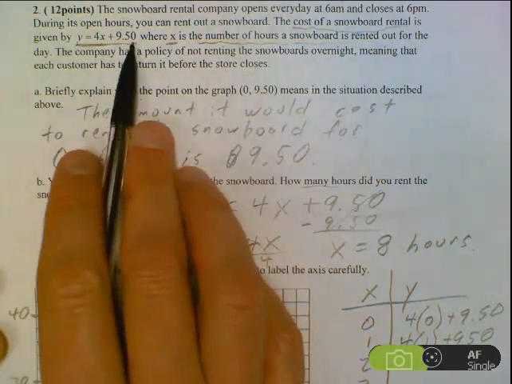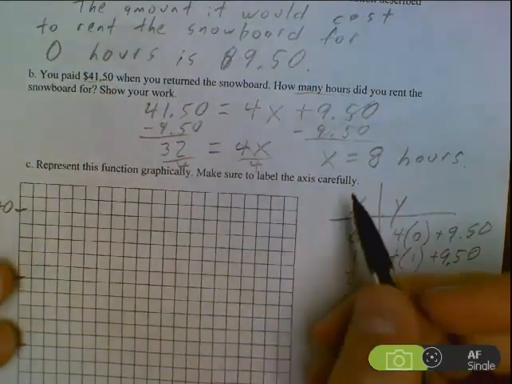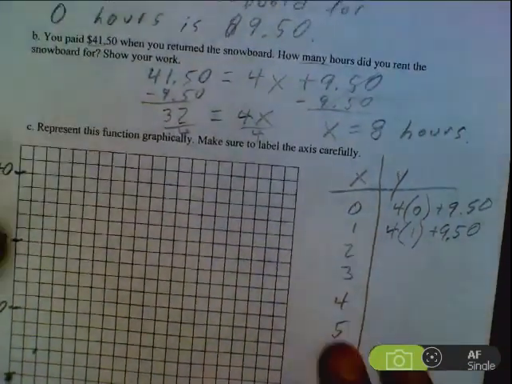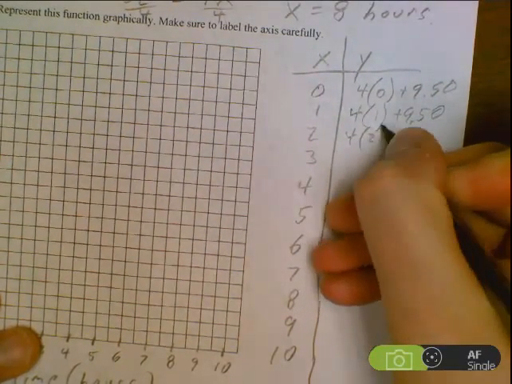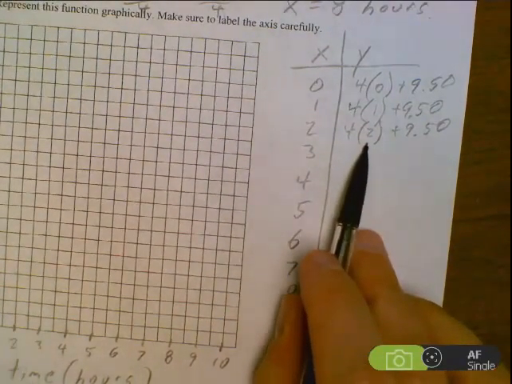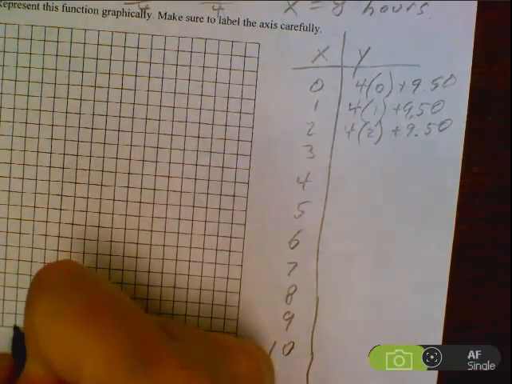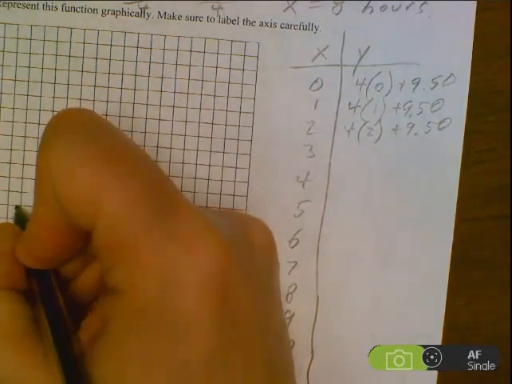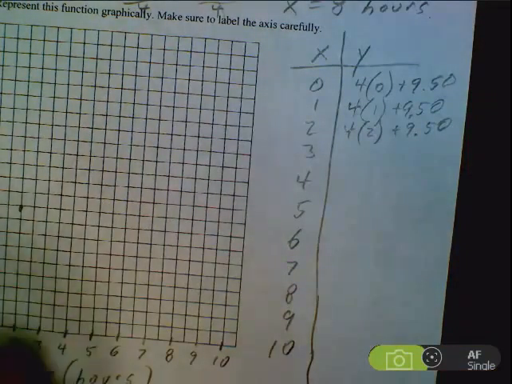So once we get 2 points, we can just connect the line. This would be 4 times 2 plus 950. 4 times 2 is 8, plus 950 would be 1750. So at 2 hours, it's somewhere around here.